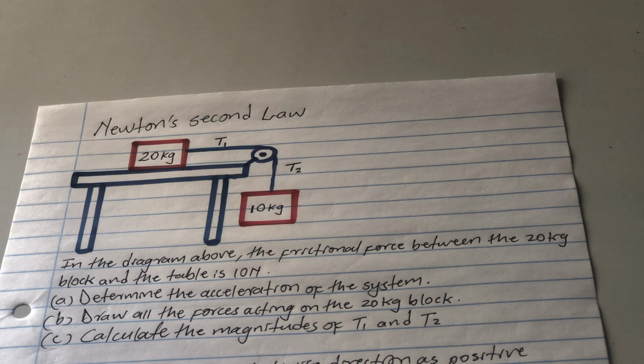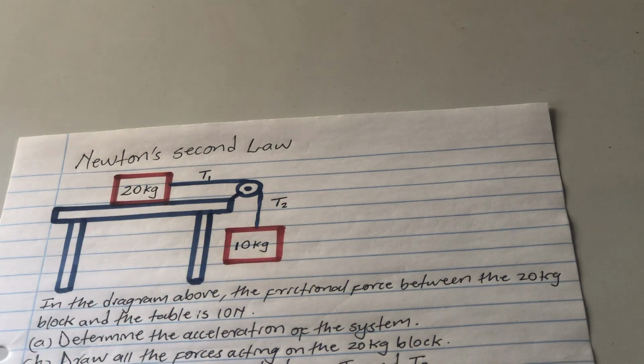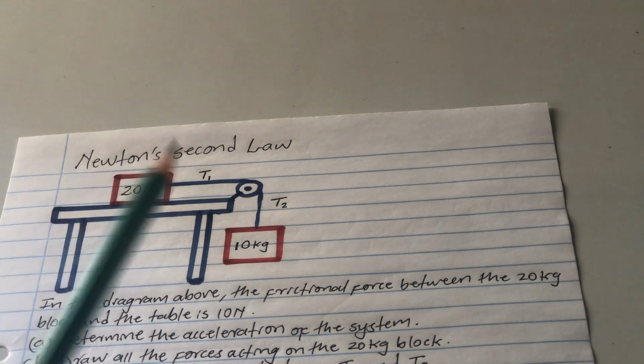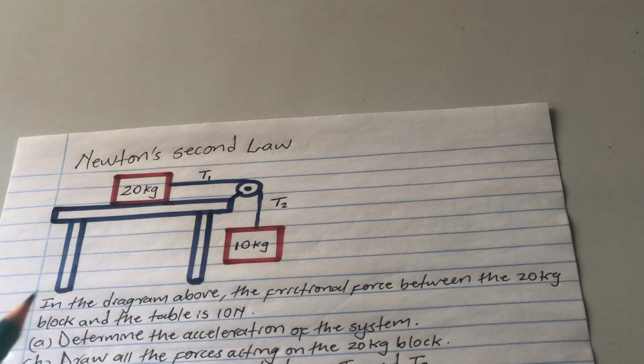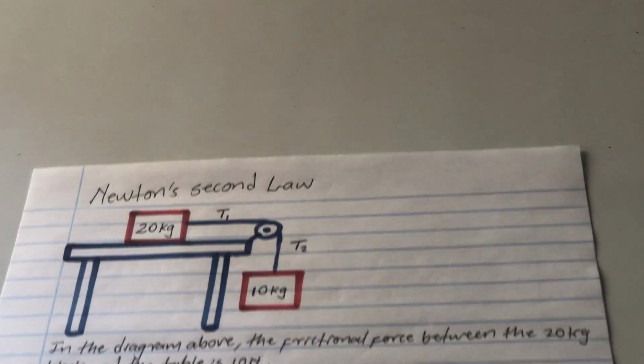Or before we go there, remember there's an issue of direction. To the right, positive, to the left, negative. So in a problem of this form, let's look at how we decide on the direction.